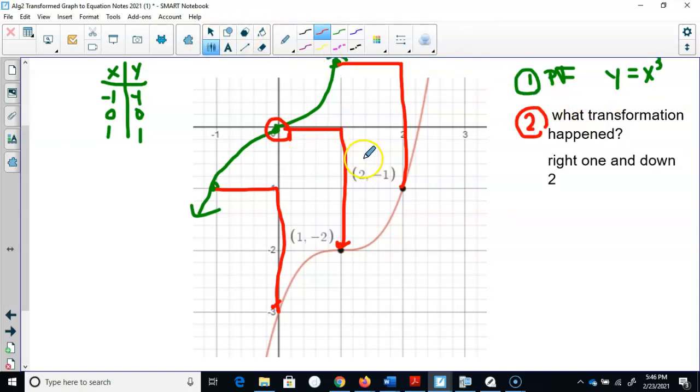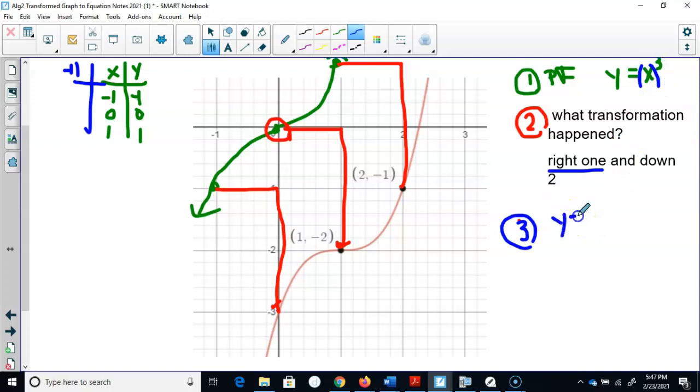Then I like to use that description for step 3 to actually write what happened. Okay, remember, to the right 1, that is in our x direction. That means I added 1 to them, okay? I added 1, so I do the opposite operation inside the grouping symbol of that parent function.